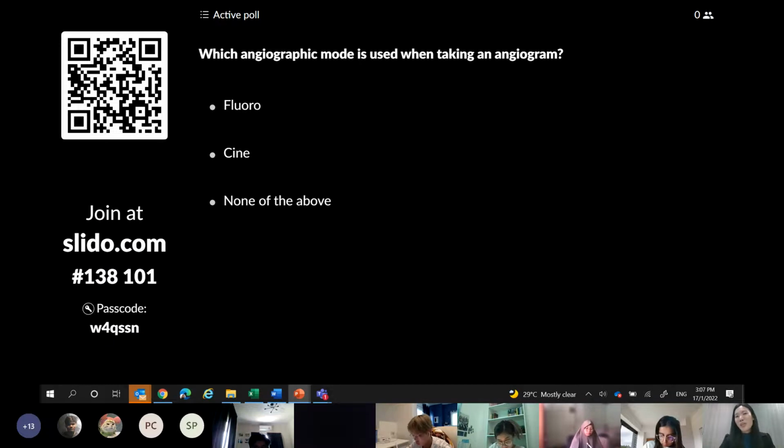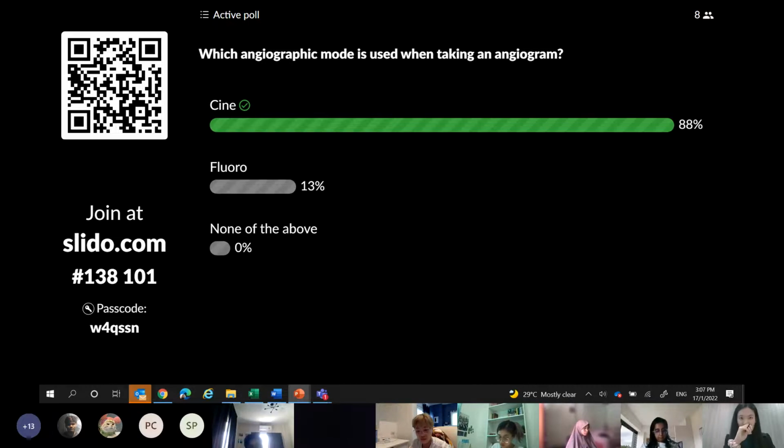So very quickly, which angiographic mode is used when taking an angiogram? You use Fluoro or Cine to take an angiogram. I think this one, everyone should get it right. Okay, let me just move on. I think this is very straightforward.